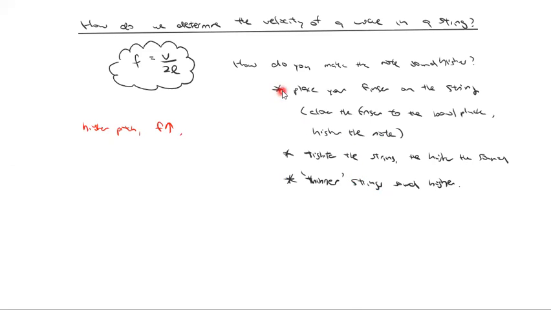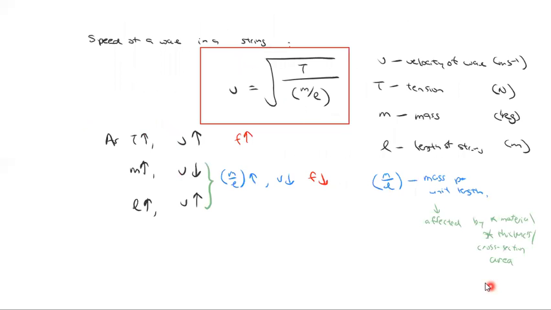Now, the last thing we kind of need to explain is why, if we place a finger on the string, the note will be higher. And this basically comes down to the situation that we've talked about here.